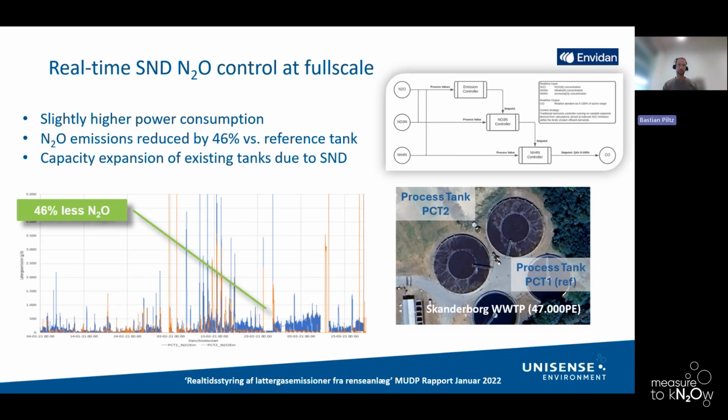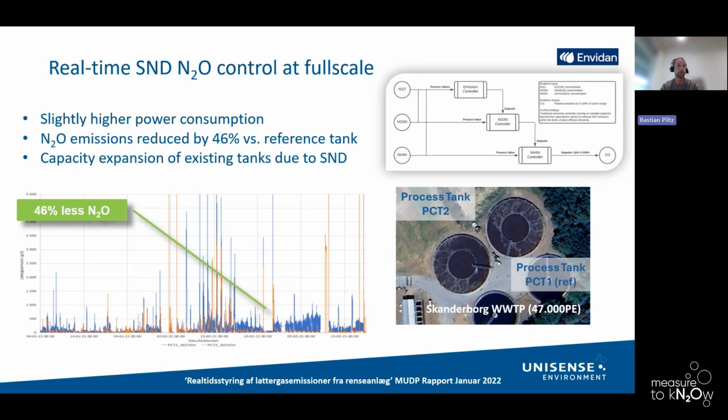Another reduction example from Denmark is shown here in this work. This is a medium-sized treatment plant for Danish type of sizes, taking care of wastewater of about 50,000 people. And in this study, a controller based on ammonium, nitrate, and nitrous oxide has been applied to reach SND, simultaneous nitrification denitrification, and optimize the process in this way by having a stable SND running.